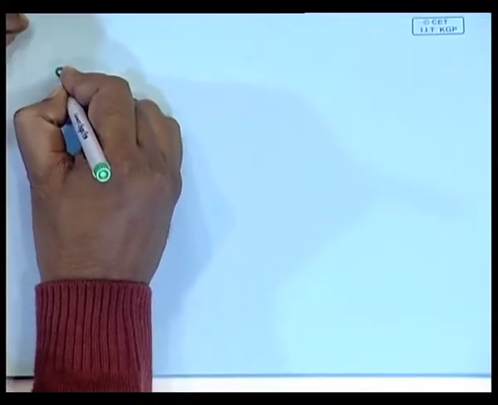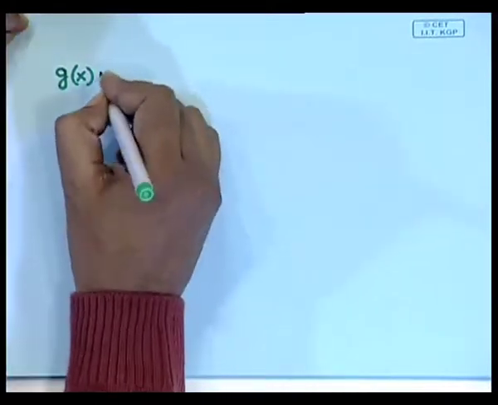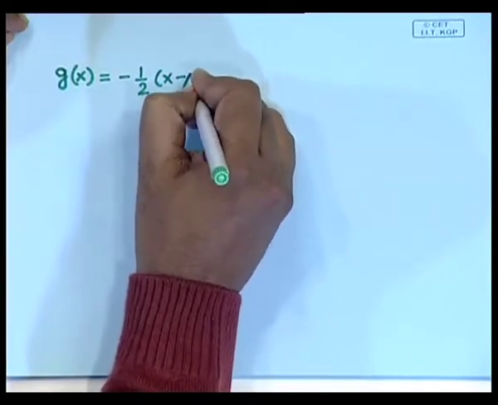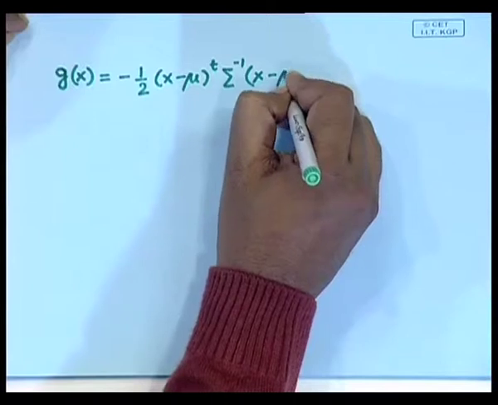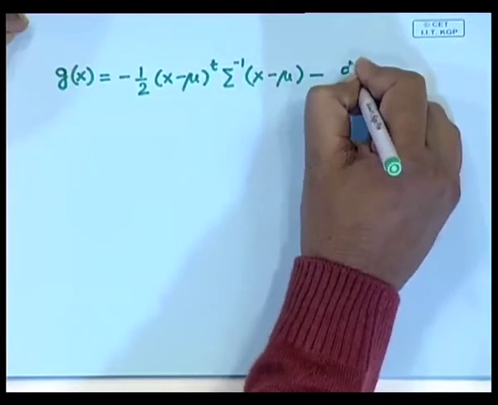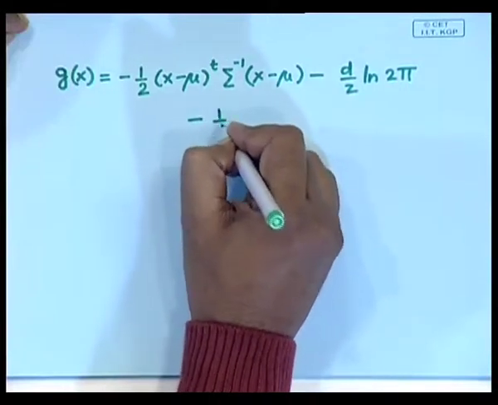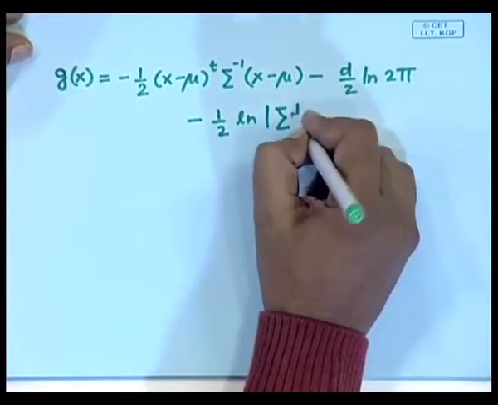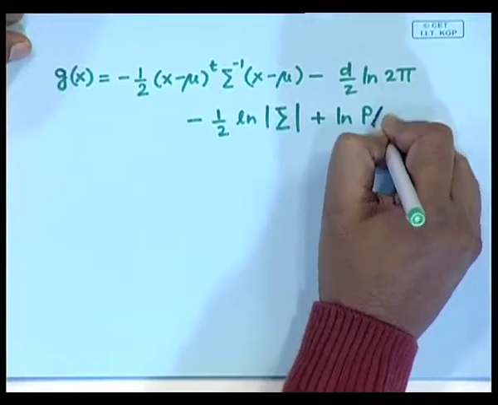So, find that earlier we said that the function g(x), or discriminating function for different classes, is given by minus half (x minus mu) transpose sigma inverse into (x minus mu), minus d by 2 log of 2 pi, minus half log of the determinant of the covariance matrix, plus log of p(omega i).